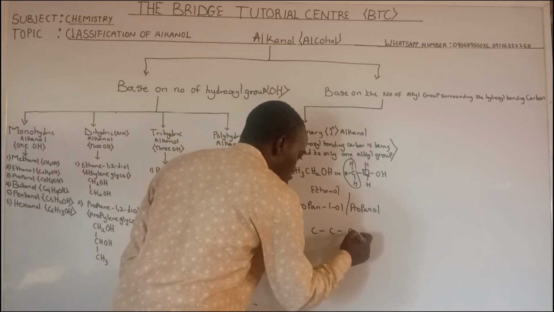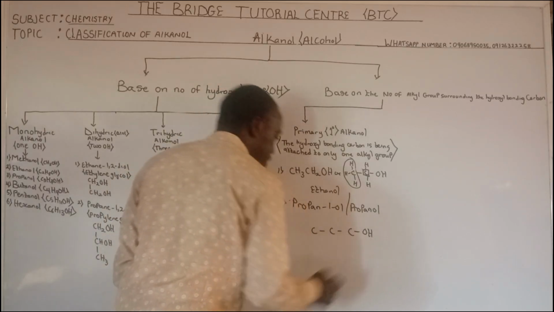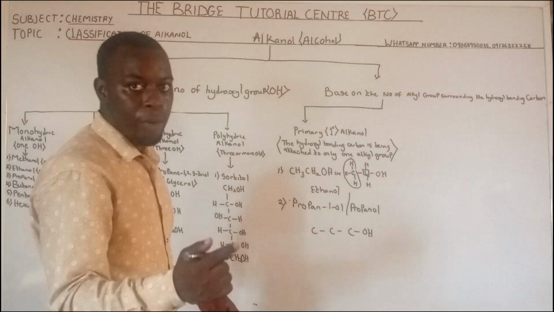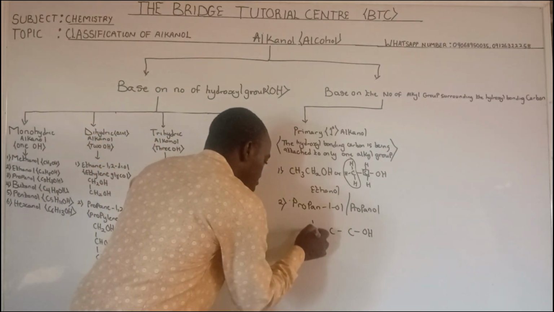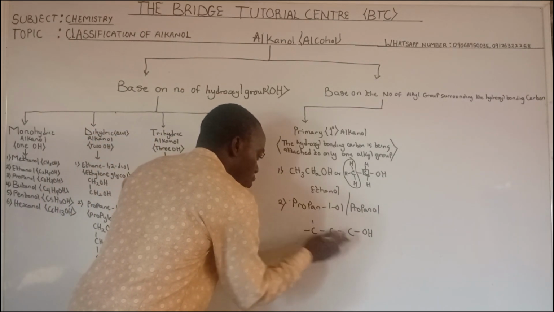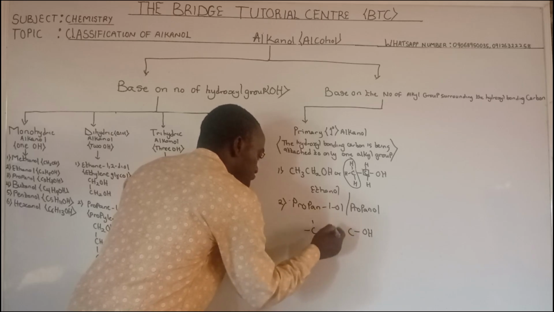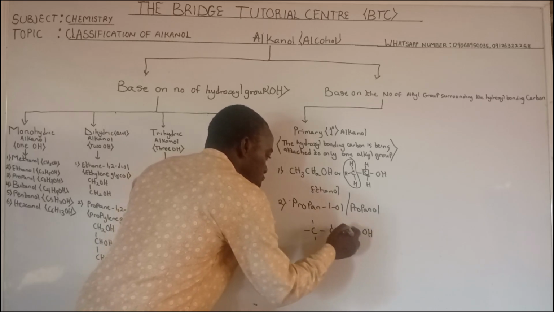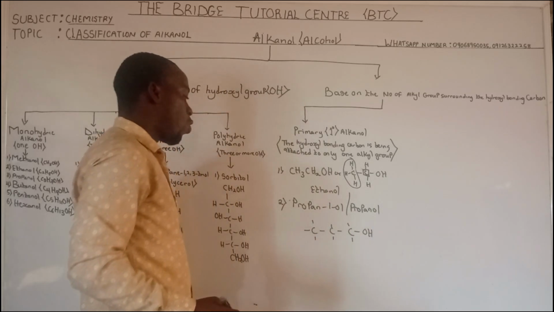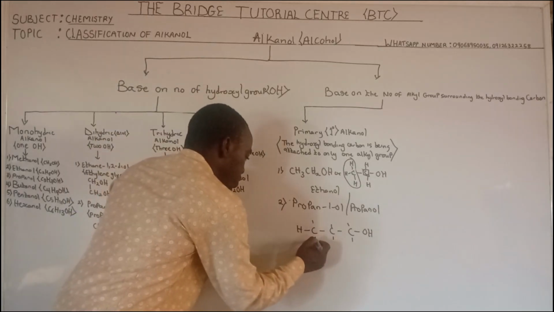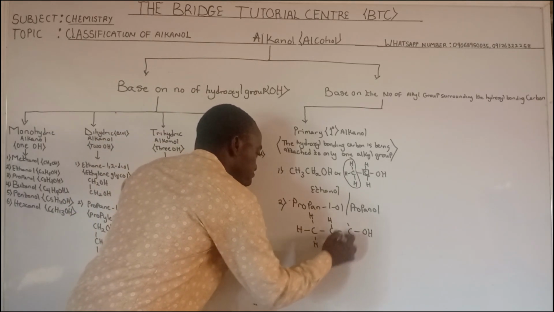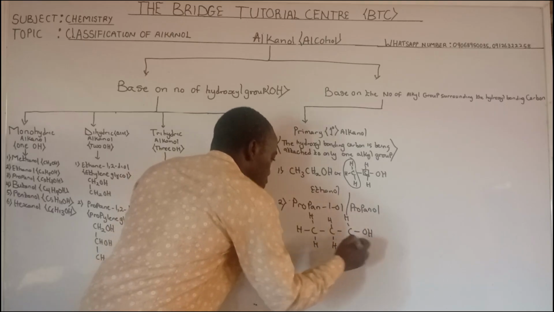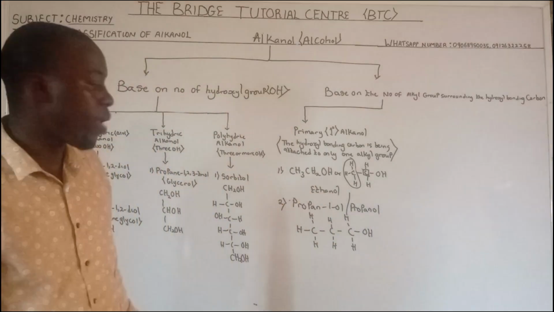So let me put the OH here. Then carbon must be surrounded by 4 bonds, so you surround each carbon. Then you put hydrogens on the remaining bonds. So this is now propanol or propan-1-ol.